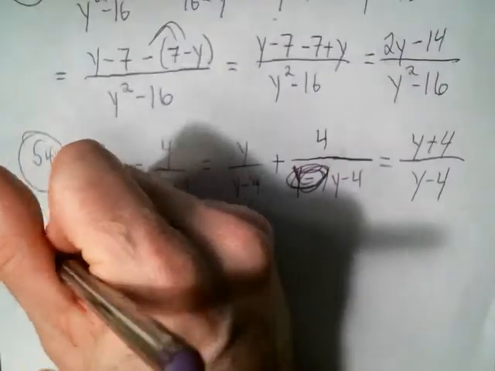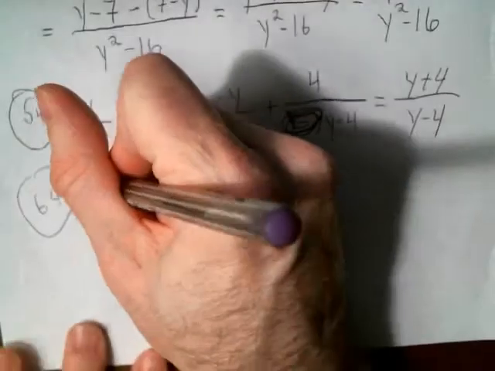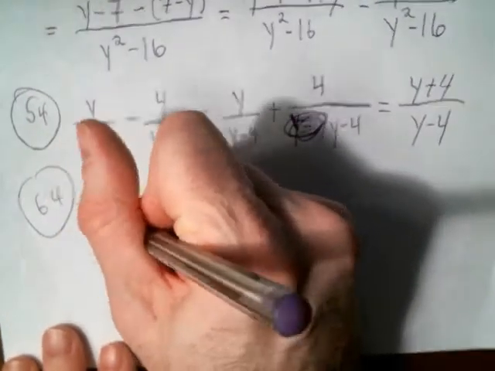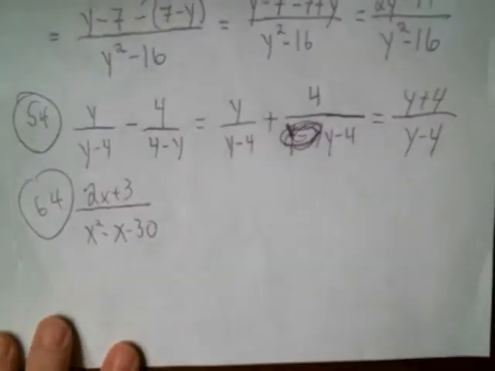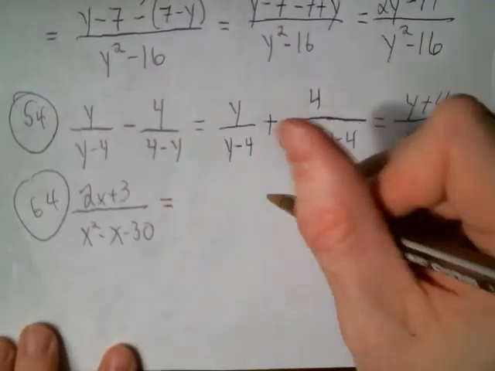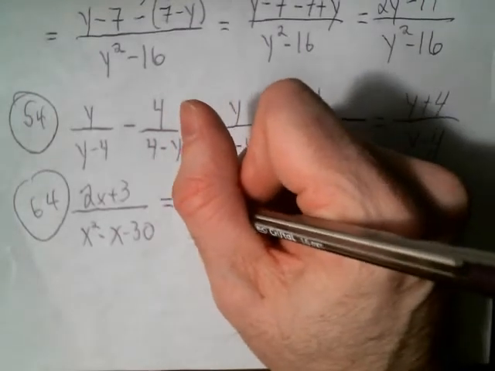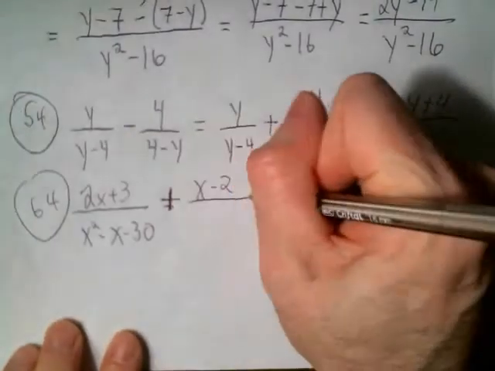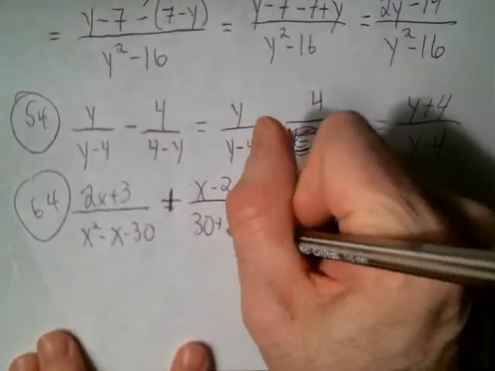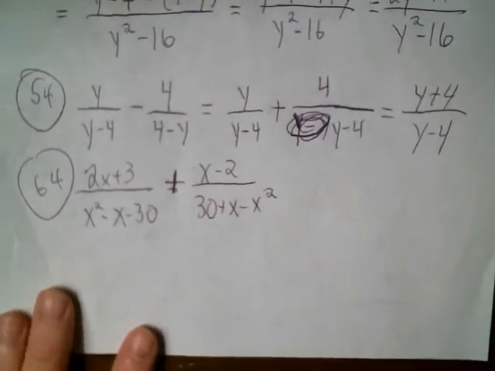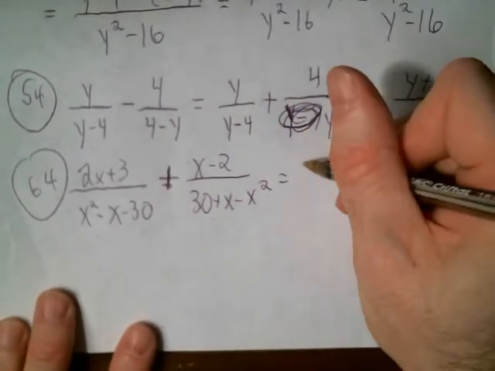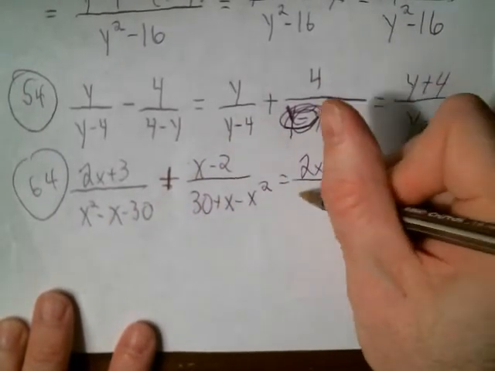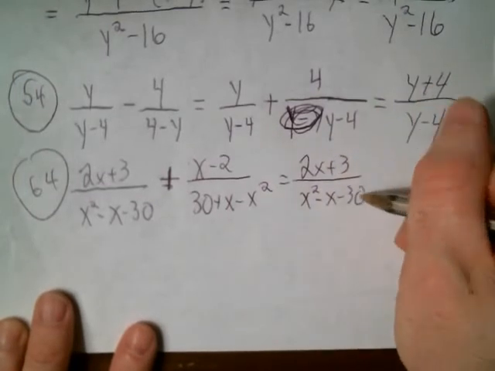It's just two more. Whoops, and then plus x minus 2 all over 30 plus x minus x squared. Okay, so these are opposite denominators. 2x plus 3 all over x squared minus x minus 30.